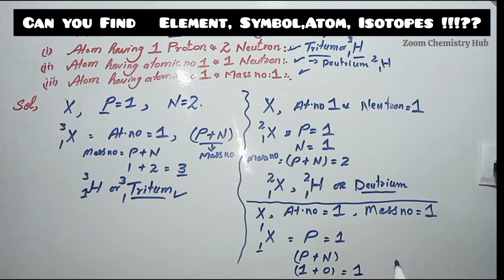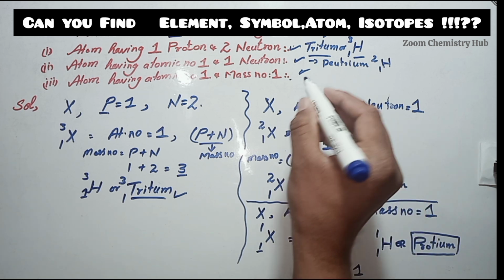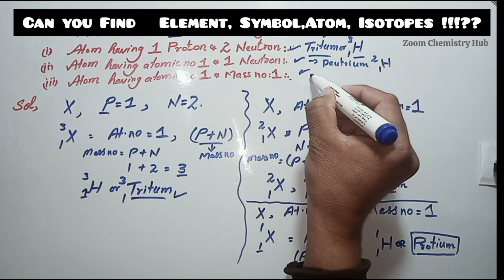So this element with atomic number 1 and mass number 1 is hydrogen, and the isotope of hydrogen is protium. Protium is the only isotope of hydrogen having no neutron. So the answer to the last part of this question is protium.